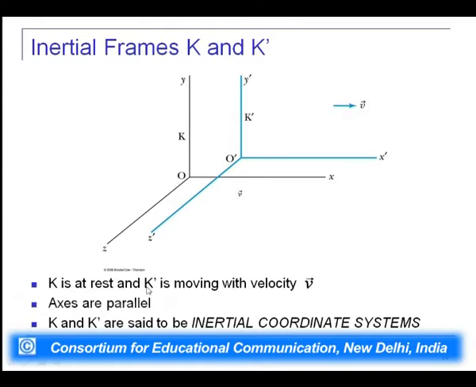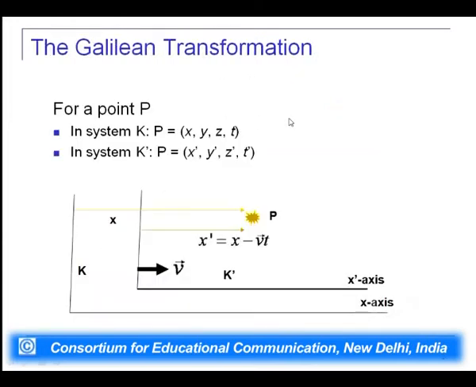K is at rest and K dash is moving with the velocity v. Axes are parallel for the two reference frames. K and K dash are said to be in an inertial coordinate system. Here we define the coordinates x, y, z and x dash, y dash, z dash, and the time defined by t and t dash.